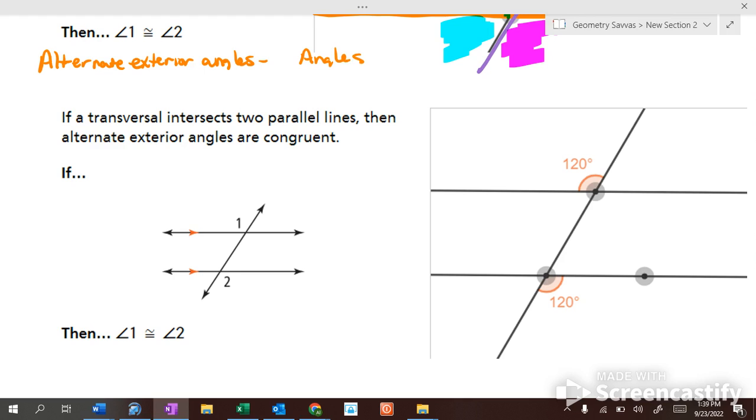Angles on opposite sides of the transversal and outside the two parallel lines.